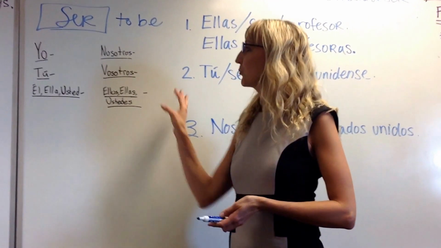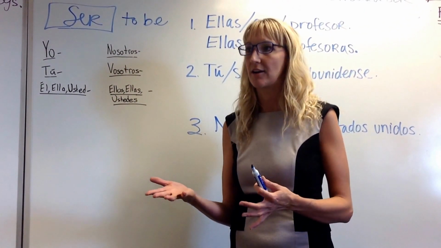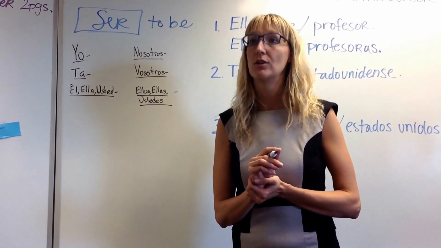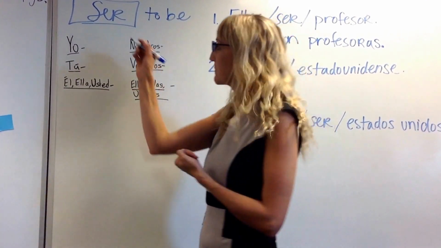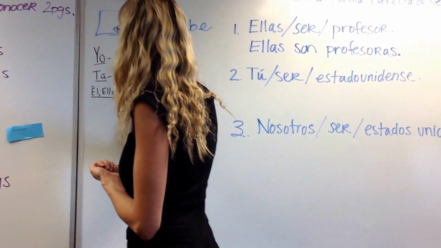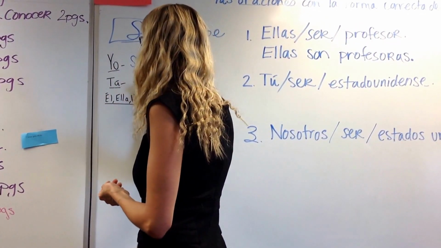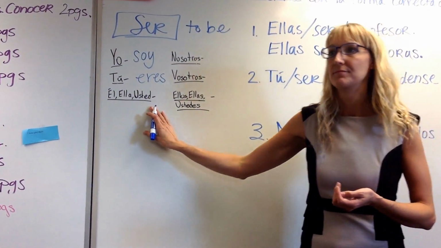Next step, after you write out all of your personal pronouns, is to actually conjugate the verb ser. So what form of ser goes with yo? Soy. Yeah, you got it. What form of ser goes with tú? Eres. What form goes with él, ella, and usted?